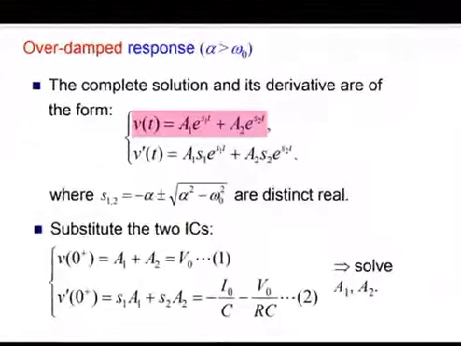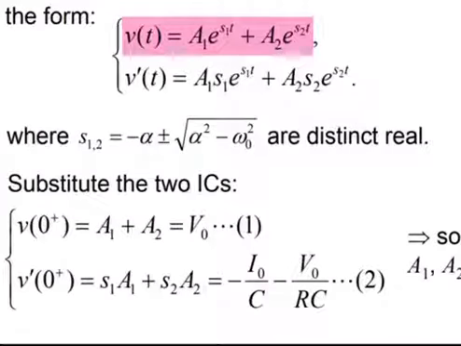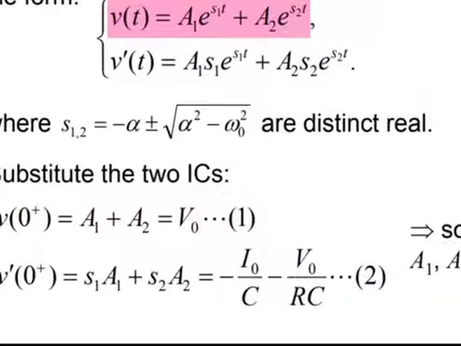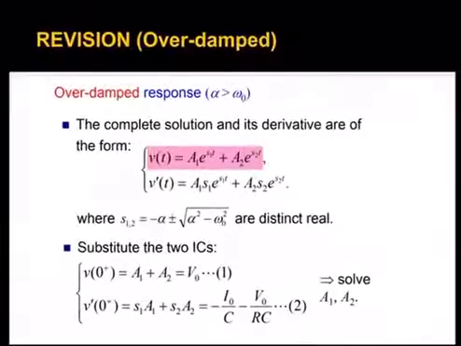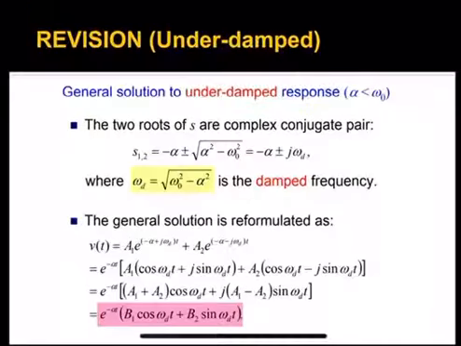So you will have the equation for V(0+), and V'(0+) is actually the derivative of your equation of V(t). Both use the initial conditions. When you have two equations, then you can solve for A1 and A2.